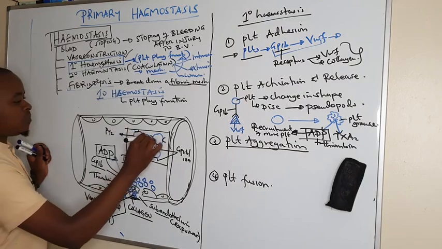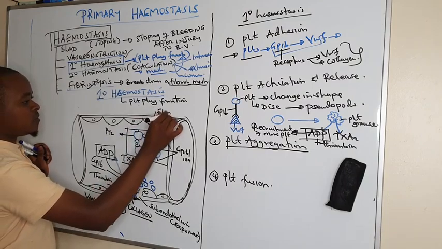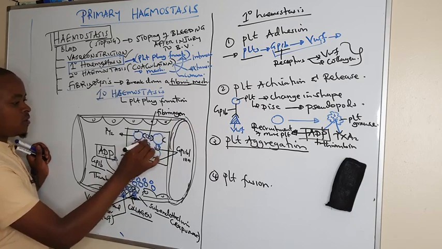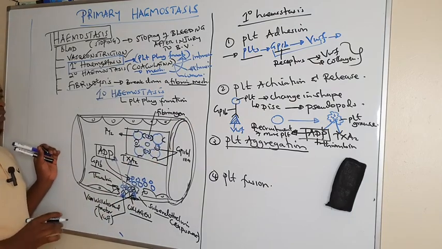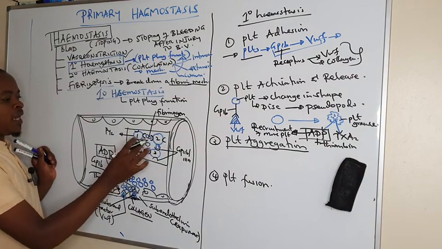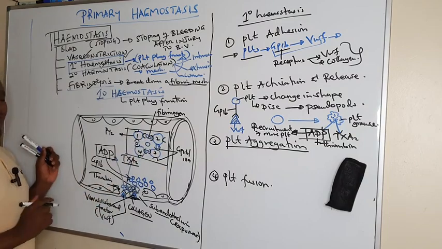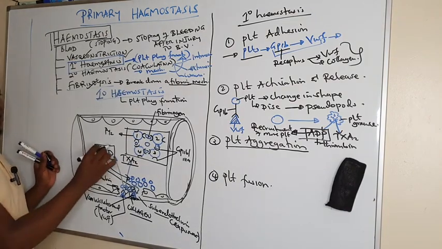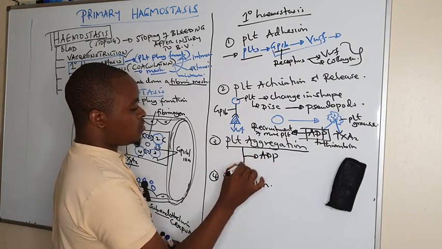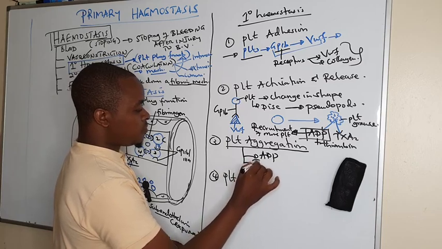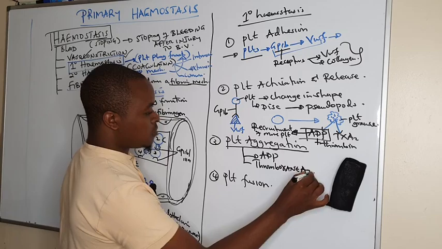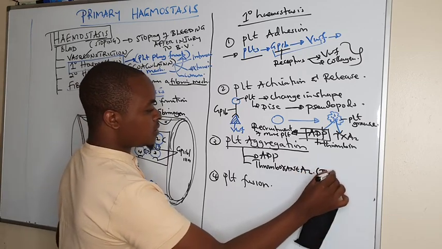So what happens is that in the presence of fibrinogen and glycoprotein 2B/3A, if this is platelet 1, this is platelet 2, 3, and 4, they are able to adhere to each other to form a platelet plug. And what is triggering this aggregation of platelets together is ADP and thromboxane A2, which we are abbreviating as TXA2.